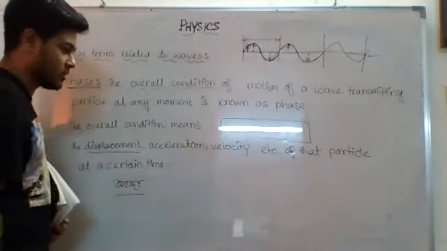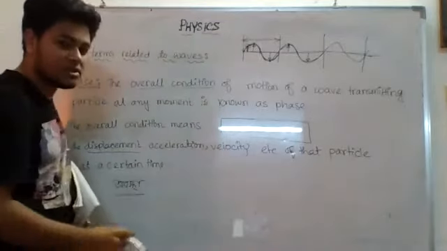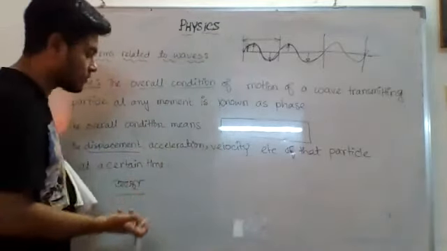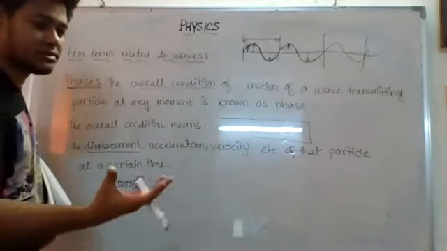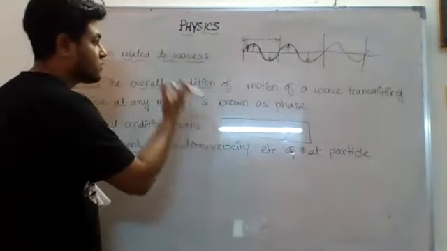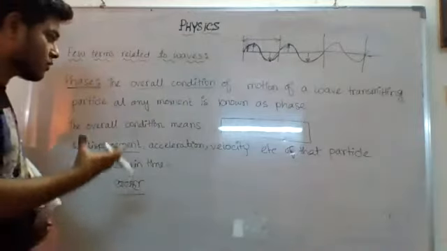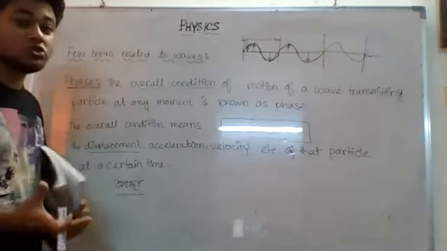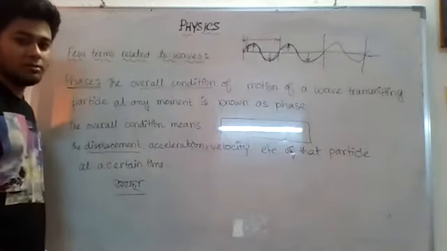And what is the acceleration? There will be constant change of velocity, so there might be acceleration, or if there is no change of velocity, then the acceleration will be zero. This is also information. And the velocity, at what velocity it is moving up and down. So all this set of information together is known as the phase of the particle.